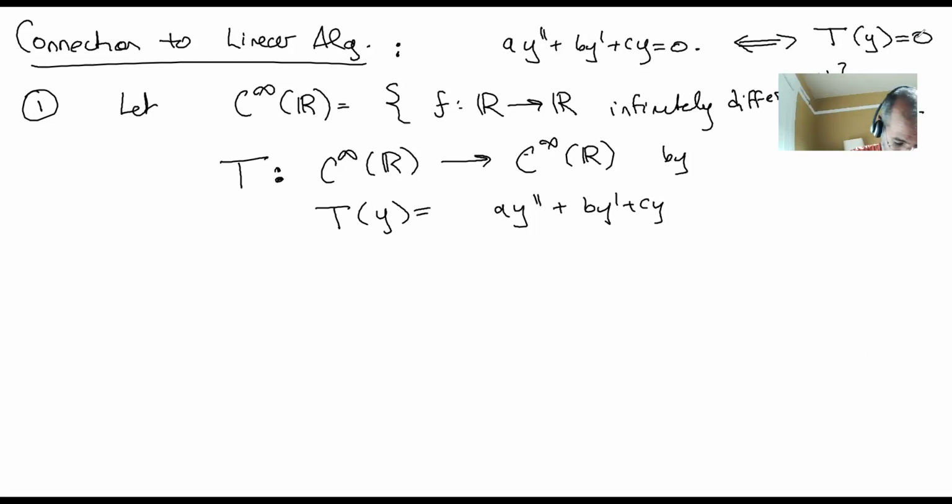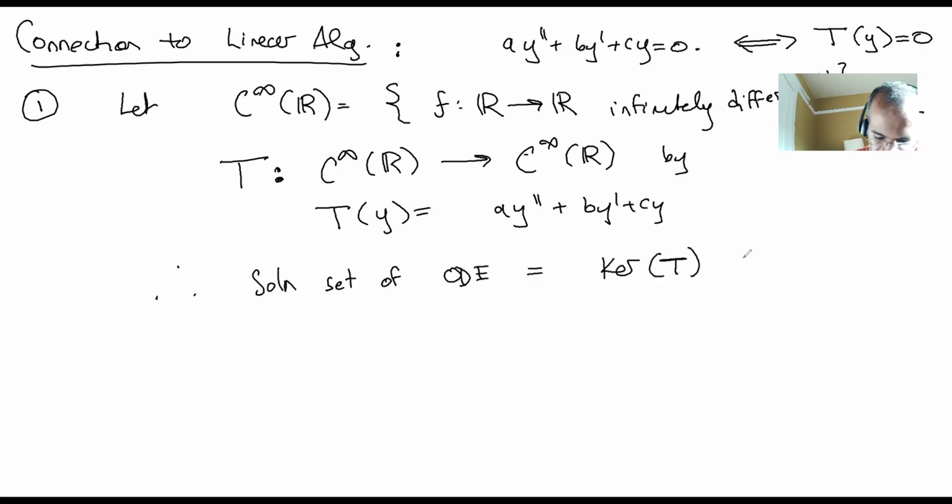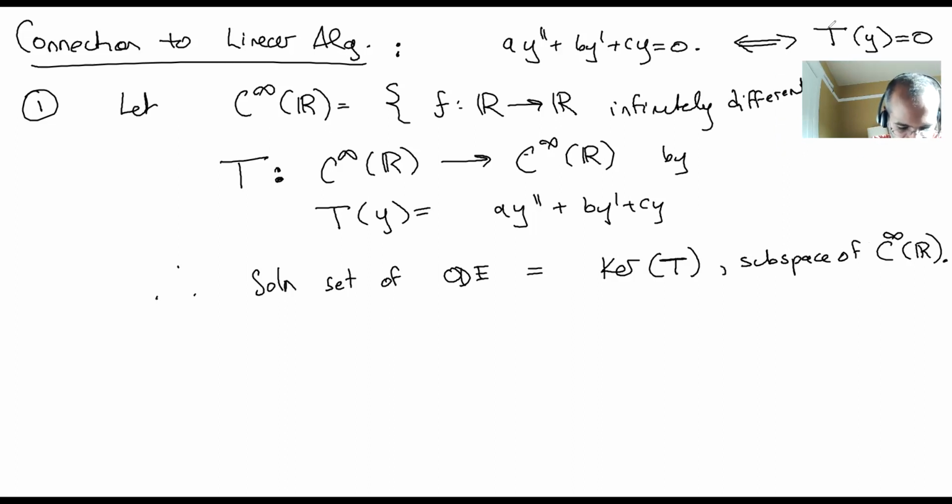That's the kernel of this T, which is a subspace of C infinity R. So that's the first connection to linear algebra: the solution set of this type of equation is a kernel of a linear transformation.